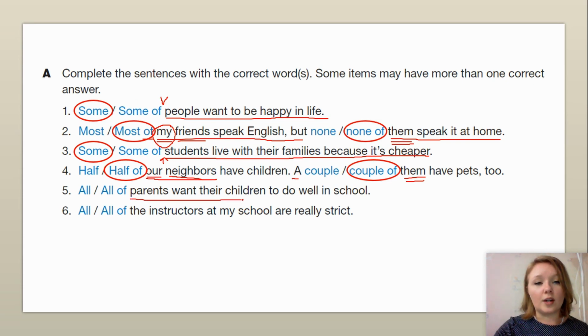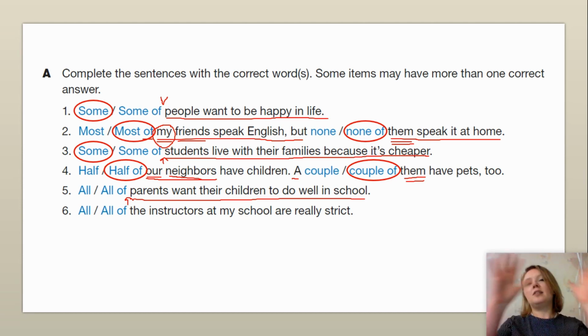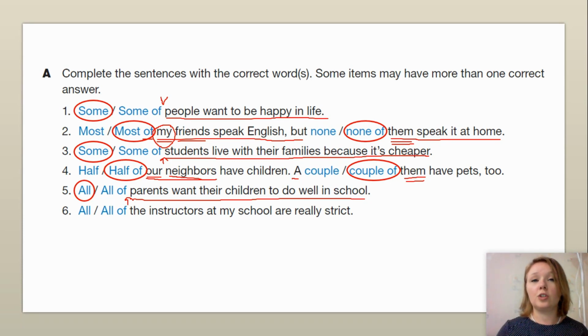Blank parents want their children to do well in school. Do we have a determiner? Is it my parents? Is it your parents? We don't know. So it's general, and we would say all parents want their children to do well in school. Finally, number six, blank, the instructors at my school are really strict.